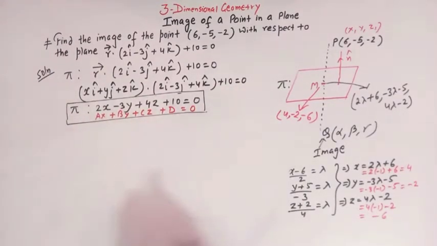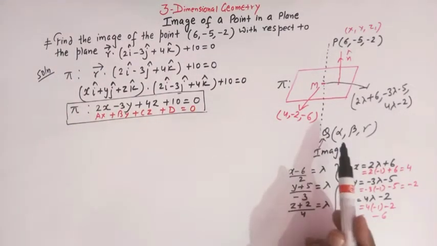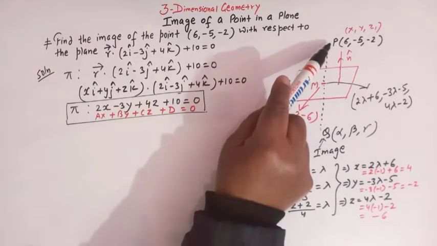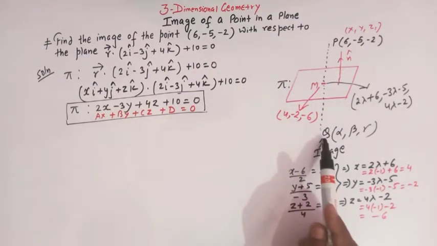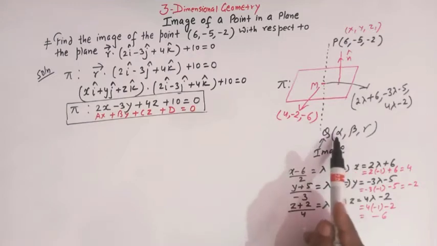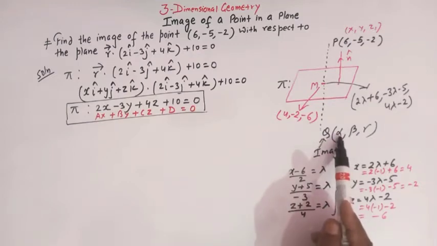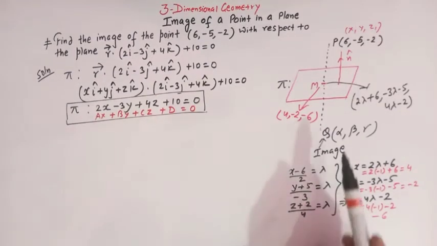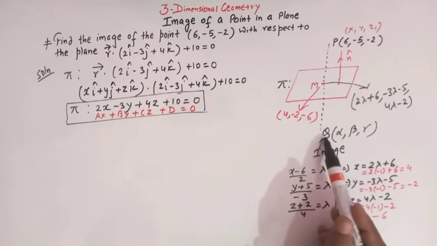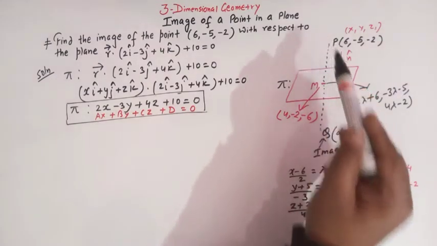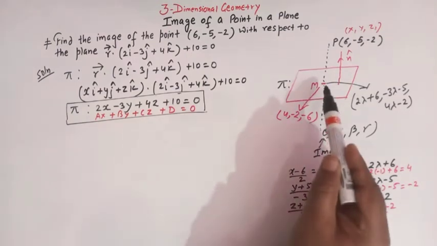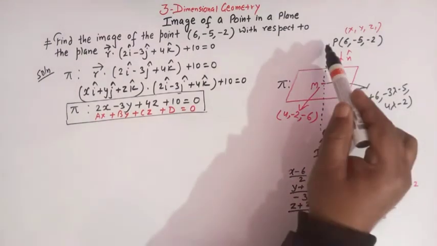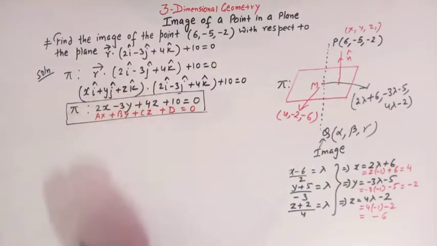Right, okay, now we have to find out the image of this point P, that is Q, and we have to get the value of alpha, beta and gamma. Right, now we know that since this Q is the image of this point P, hence Q is equidistant, that is PM must be equal to MQ.